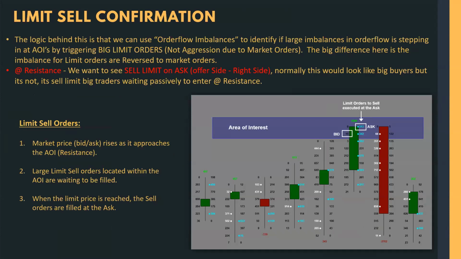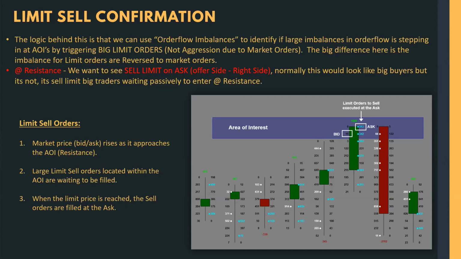So what I want to do is talk to you about something. Now I'm going to slow things down for this slide. Limit sell confirmation. This is probably the most difficult thing that I had to learn as an order flow trader.